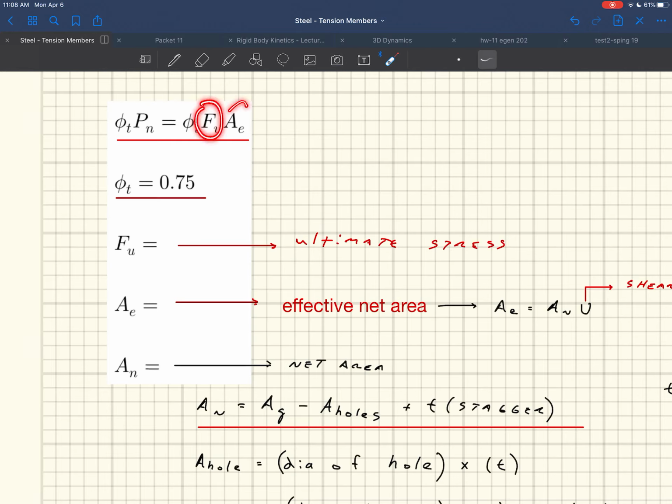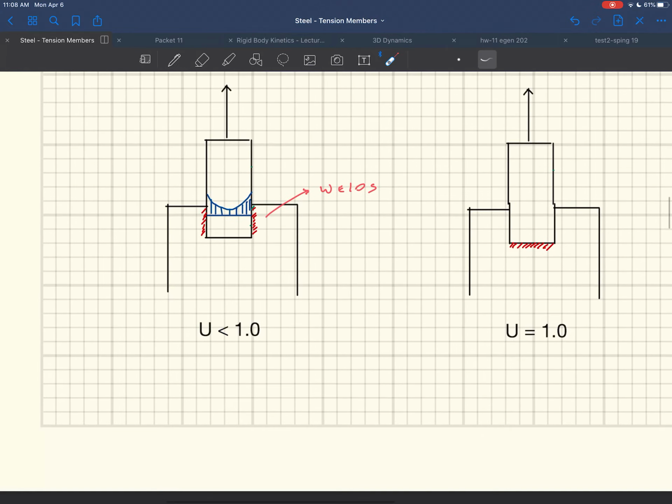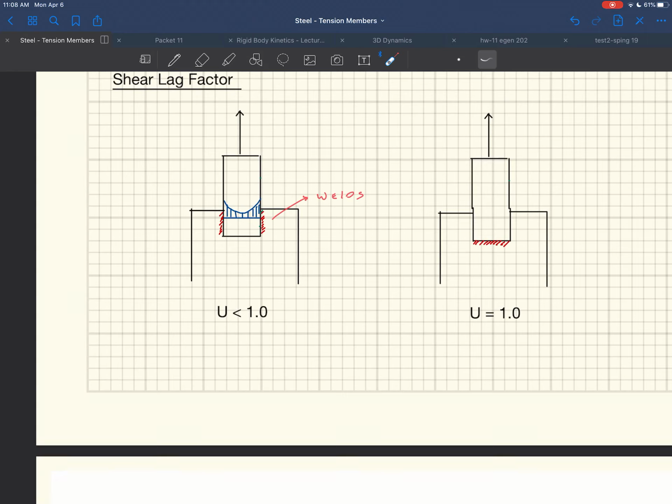You take FU and multiply it by the effective net area and it gives you the total force. That assumes that this thing is stressed uniformly across the whole thing. It assumes the whole cross section has been stressed to FU, but that's not always the case. Here would be an example where I've attached just the sides. It's not uniform. Its stresses near the outside are greater than the ones on the inside.